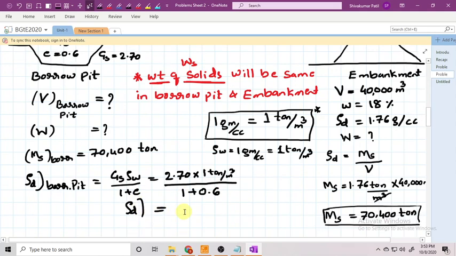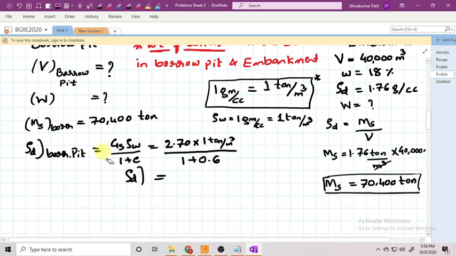So what is rho d in the borrow pit? Calculate 2.7 into 1 divided by 1 plus 0.6. This will be around 1.687.